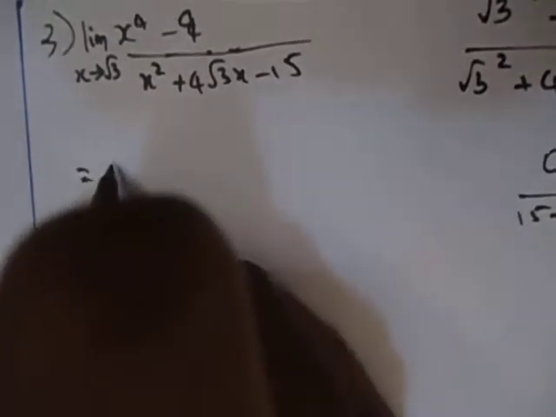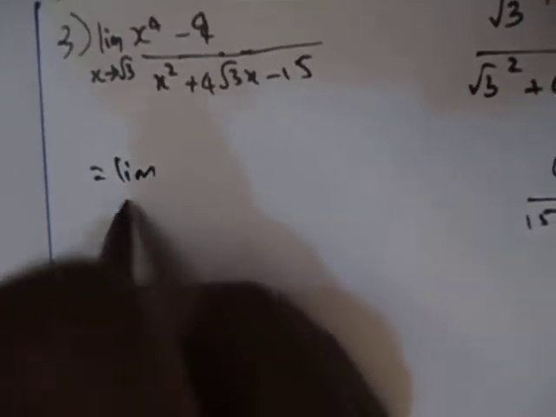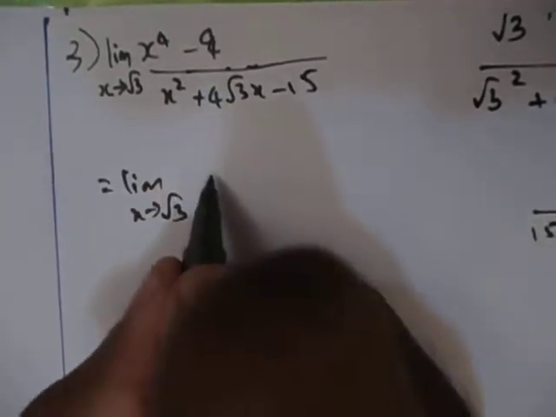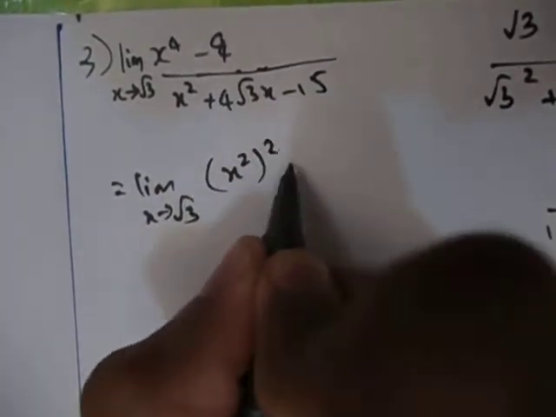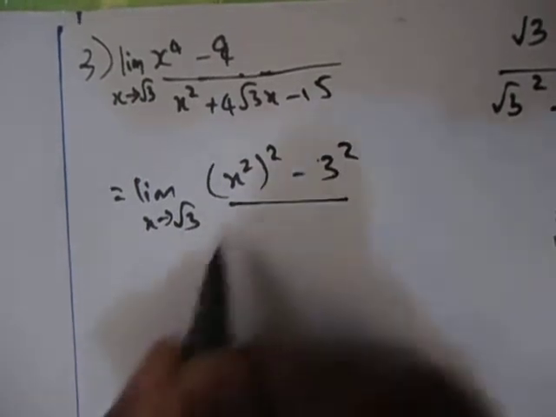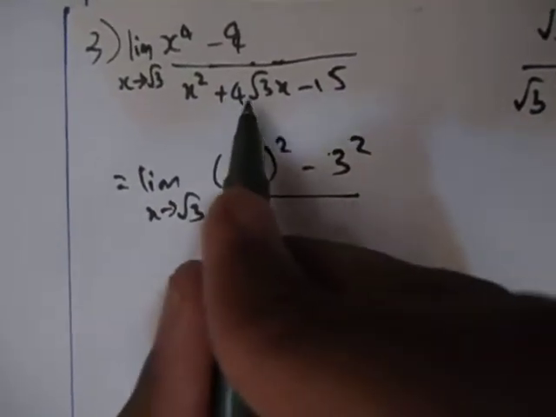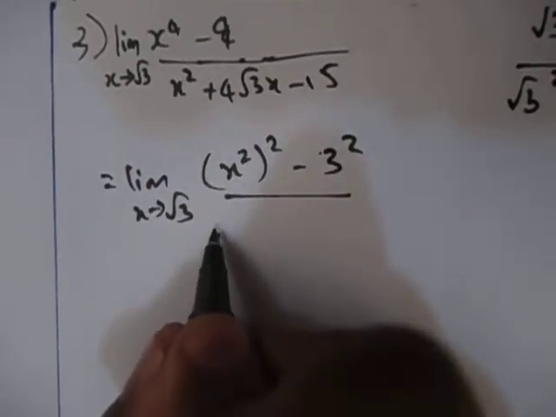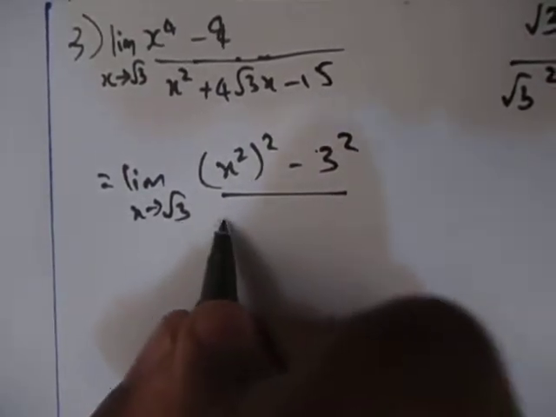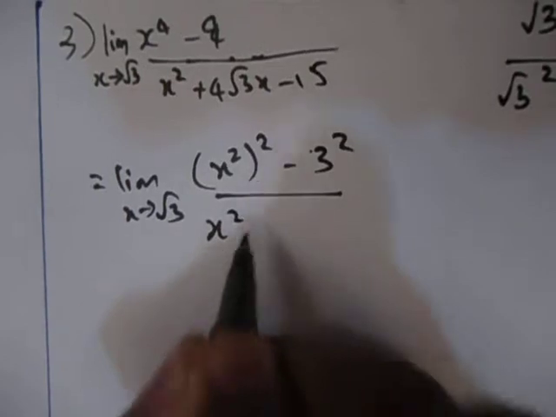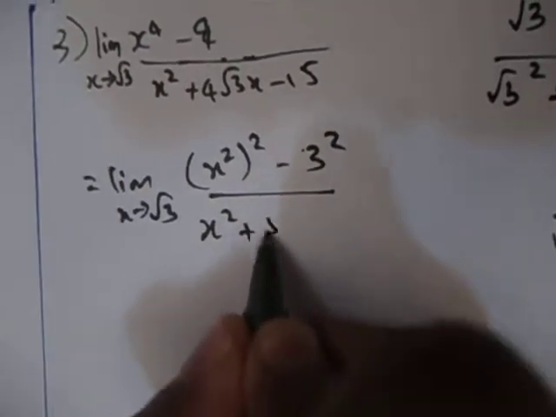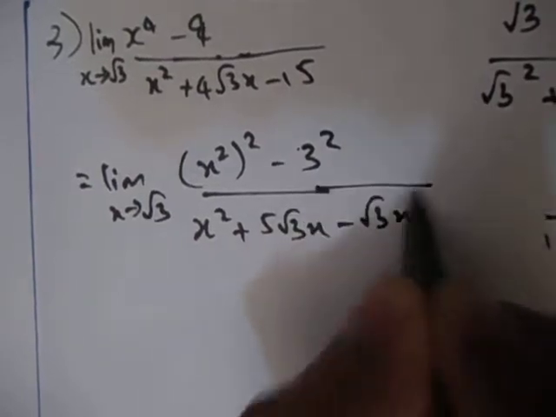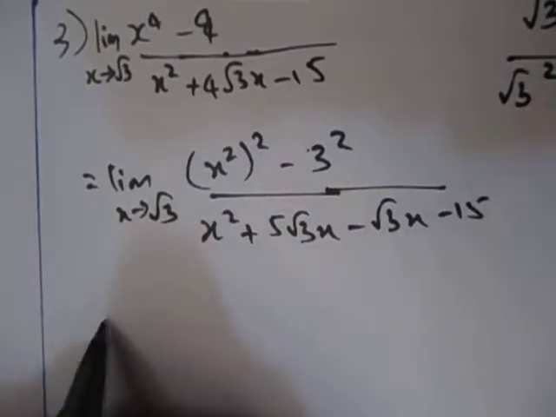x power 4 minus 9, let's simplify it this way. We get a squared minus b squared, so x squared whole squared minus 3 squared by, this can be written as 5 root 3 minus root 3, so x squared plus 5 root 3 x minus root 3 x minus 15.